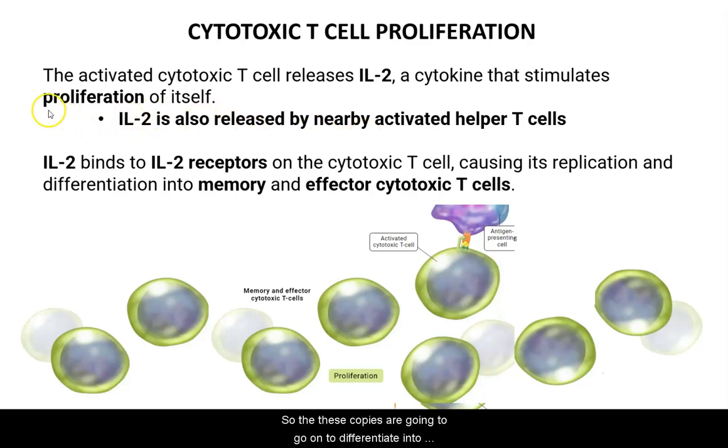So these copies are going to go on to differentiate into either memory cytotoxic T cells or effector cytotoxic T cells. Those effector cytotoxic T cells are the ones that are going to go on to destroy the unhealthy cell, while the memory cytotoxic T cells are going to hang out and be ready for a future encounter.